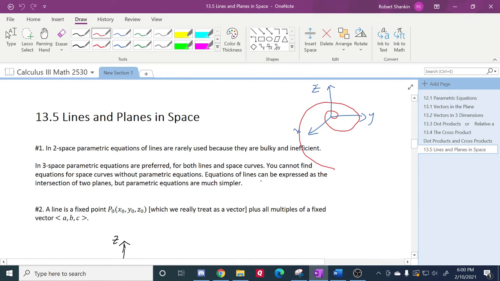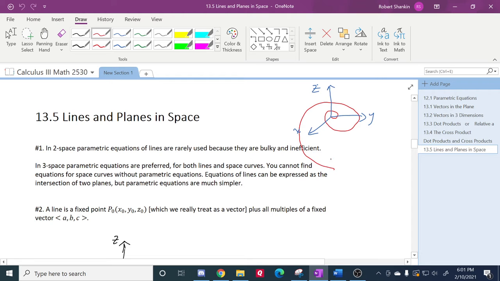Equations of lines, you have 2 choices. They can be expressed as the intersection of 2 planes, because like the wall and the ceiling in the room that you're in meet in a line. So we could define every line as the intersection of 2 planes, but it's much less efficient than using parametric equations. Parametric equations is just the more efficient choice for equations of lines.